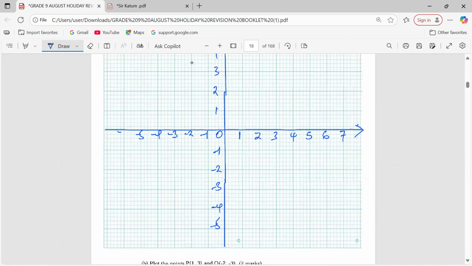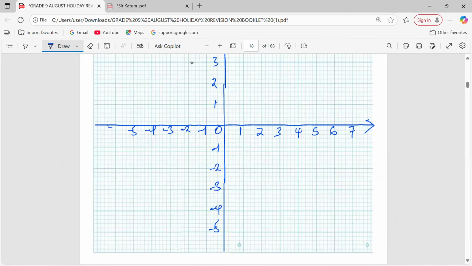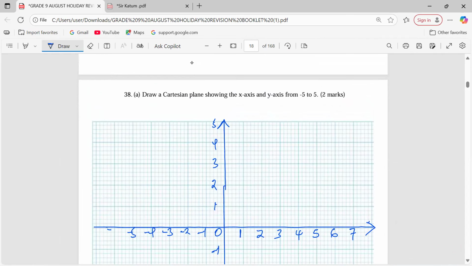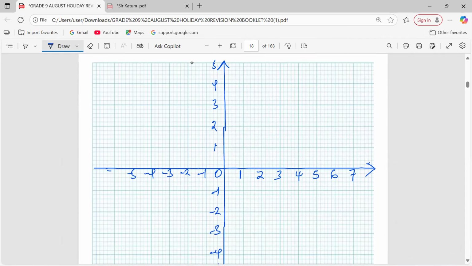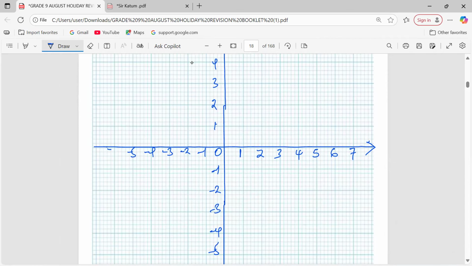So we are through with the Cartesian plane because the instruction was to draw a Cartesian plane showing the x and y axis running from -5 to 5. I think we even extended too much here without such an instruction to extend.